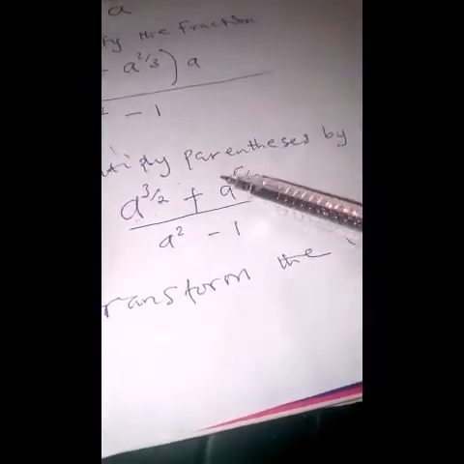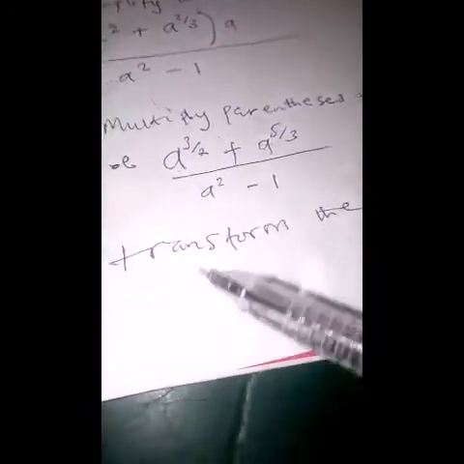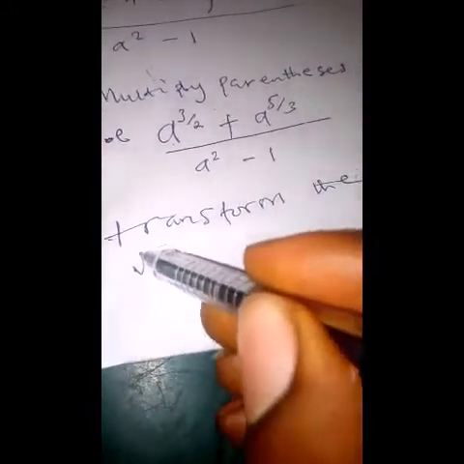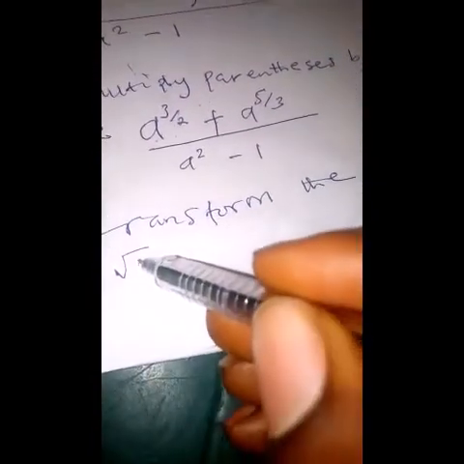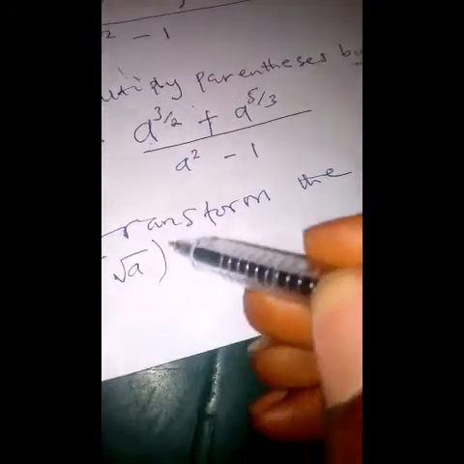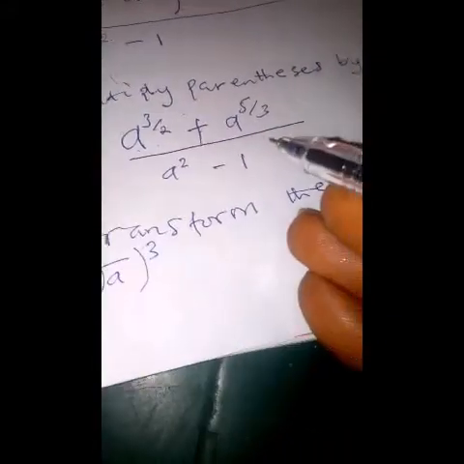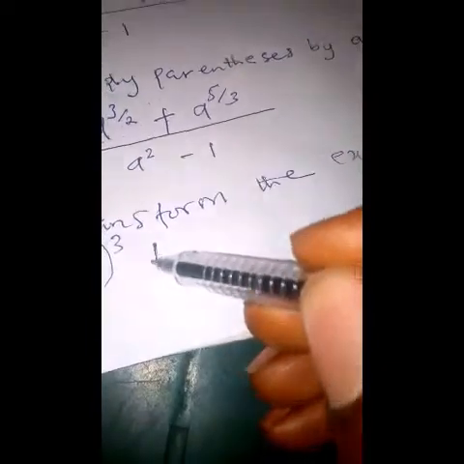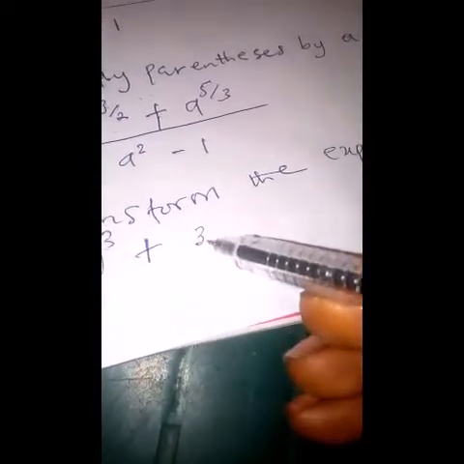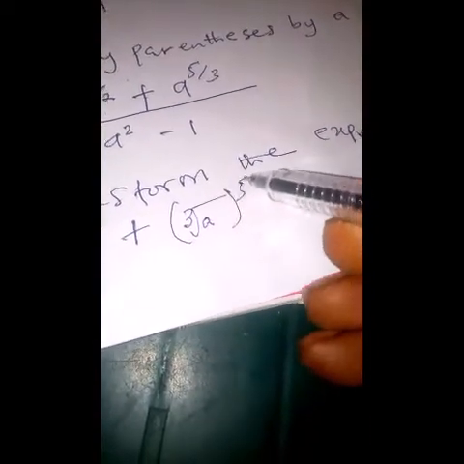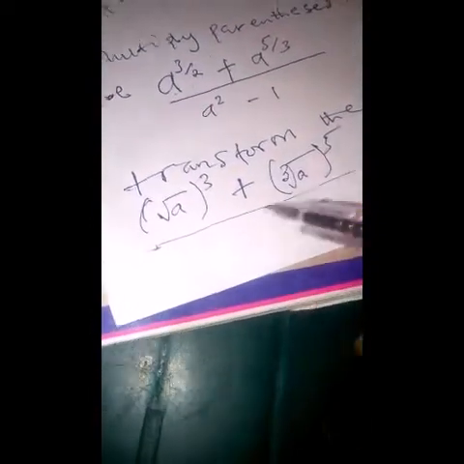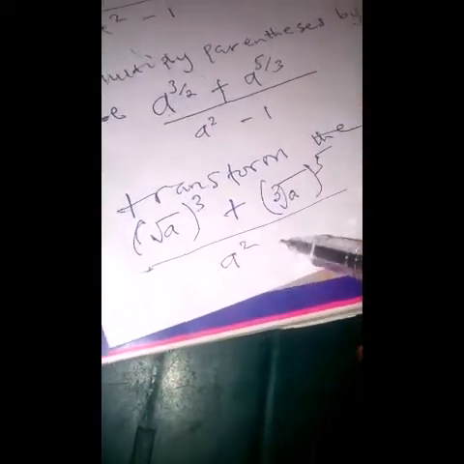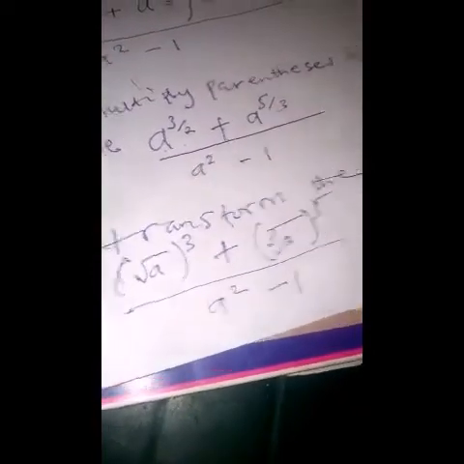This will give us square roots of a raised to power 3, you can see that they have plus, and this will give us cube roots of a raised to the power 5. Then we still have over a square minus 1.